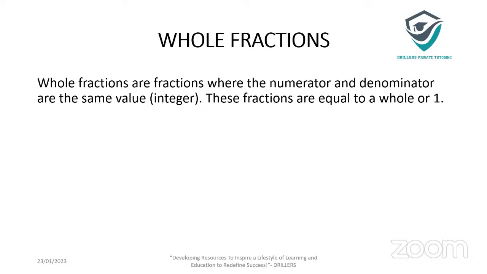So whole fractions just mean that we have the same number on top and the same number below. Numerator is the top, and to remember the name denominator, think of down below. The number at the bottom, or down below, is the denominator. That's just an easy way to remember. And of course, if the one down below is the denominator, then the one on top has to be the numerator.